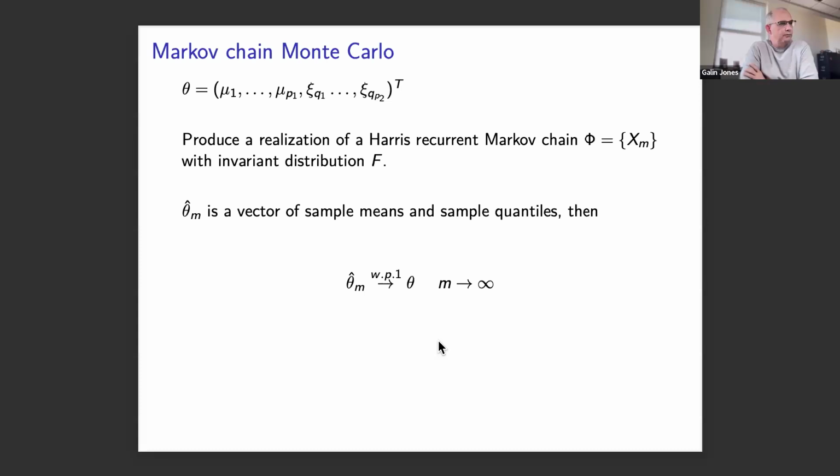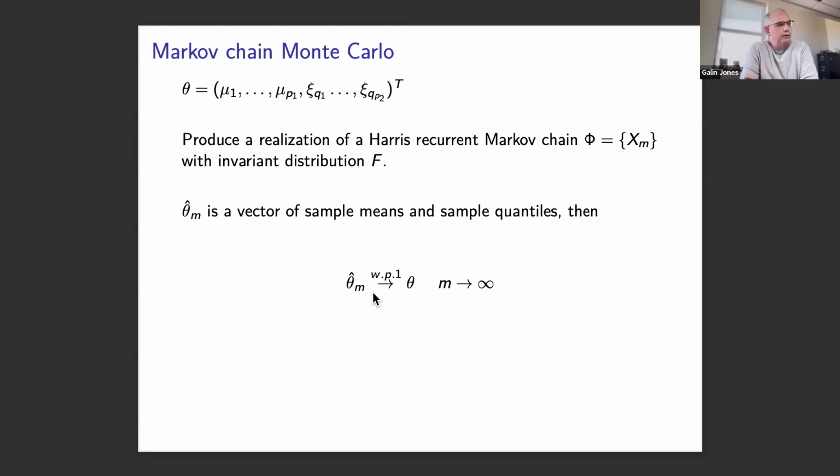Under the standard assumptions in Markov chain Monte Carlo, we want to simulate a realization of a Harris recurrent Markov chain with the right invariant distribution. And then, under moment conditions, of course, theta hat m will be the Monte Carlo estimate, just the sample means and sample quantiles, the usual sorts of things.